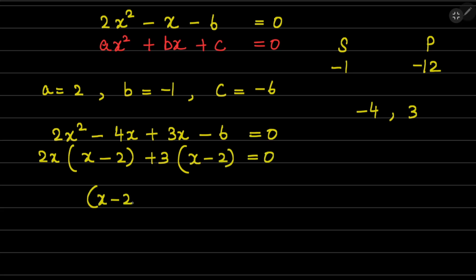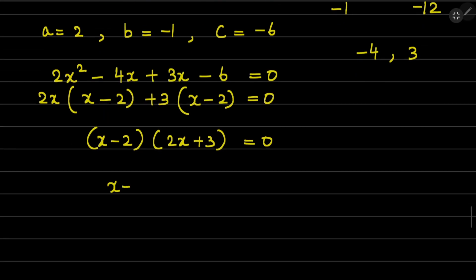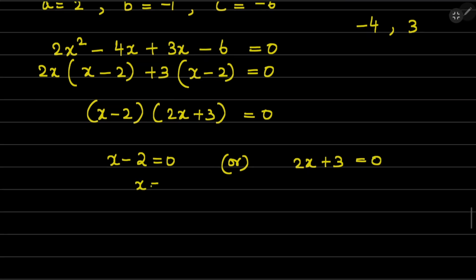So x minus 2 is common, what is left is 2x plus 3, equal to 0. So either x minus 2 equal to 0 or 2x plus 3 equal to 0. So here you get x is equal to 2, and here you will get x is nothing but minus 3 by 2. So 2x equal to minus 3 and x equal to minus 3 by 2.